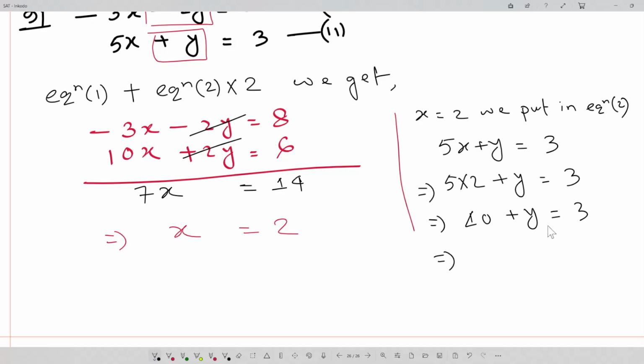Now we subtract 10 from both sides, so y equals 3 minus 10, our answer is minus 7. So we get x equals 2 and y equals minus 7.